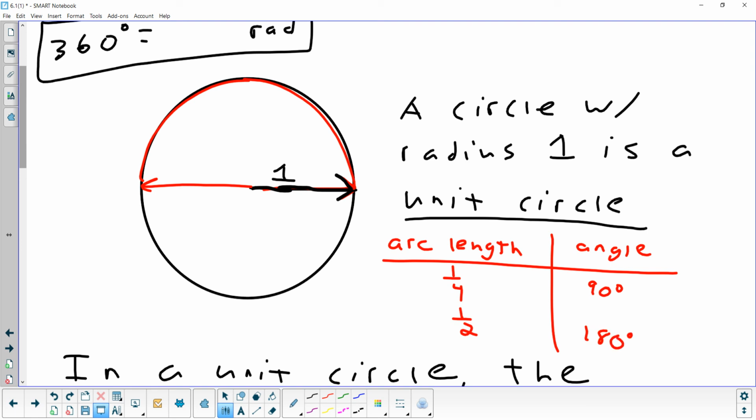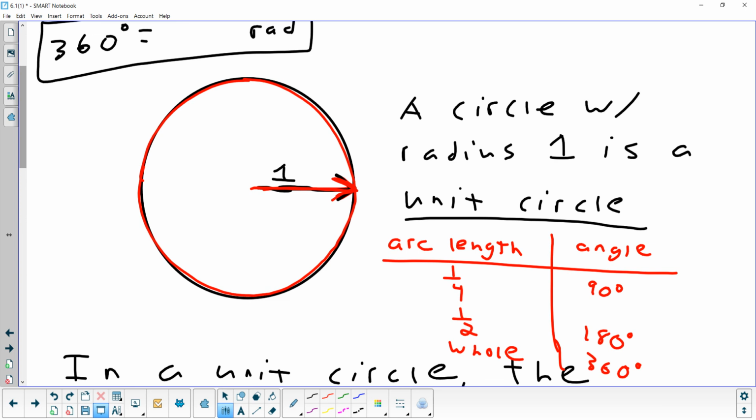All right, well, let's go even more. Let's say here's my initial side, here's my terminal side. What's the arc length there? That's the whole thing. That's the whole circle. And how many degrees is that? Yep. 360.